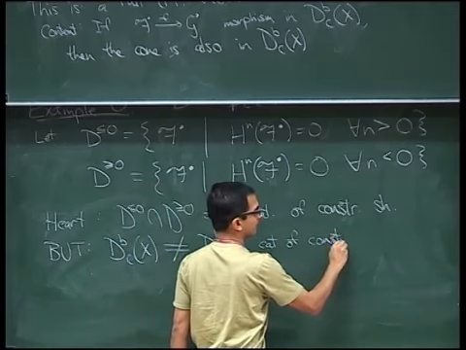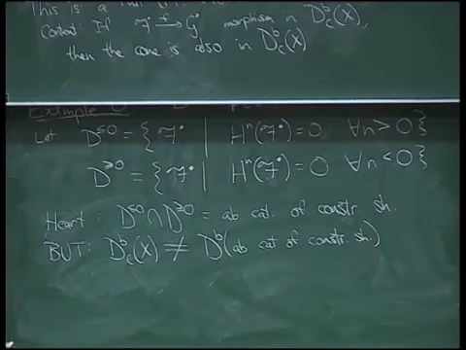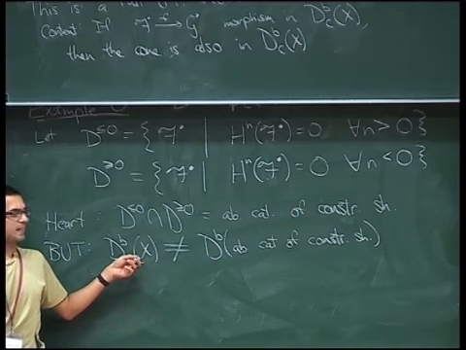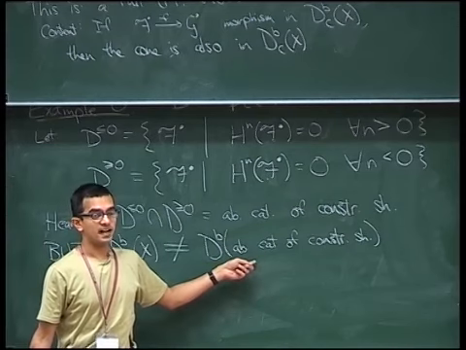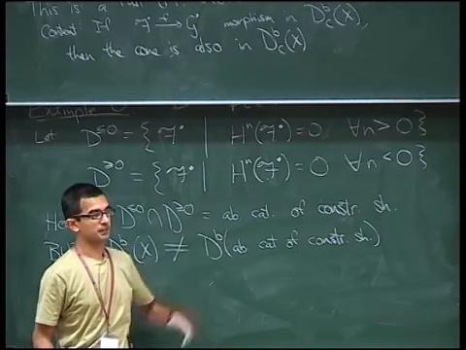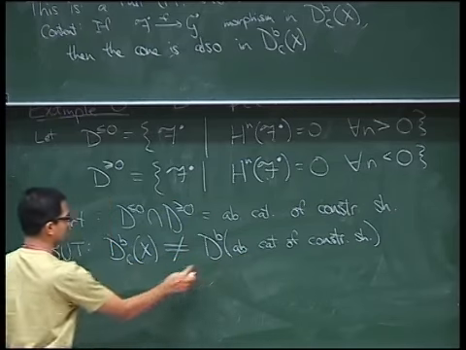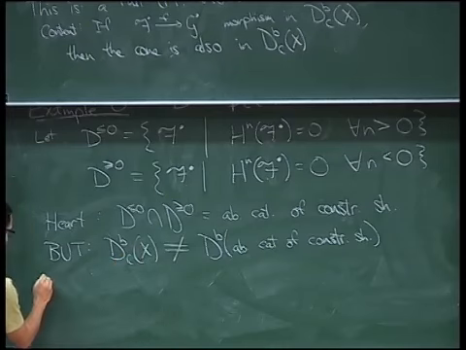This is actually one of the exercises on my webpage for today, to show this in a specific example. And what this says is that objects of dbcx are complexes of sheaves of vector spaces whose cohomology is constructible. Objects of the derived category of constructible sheaves would be complexes whose terms individually are constructible. So certainly any object in this category belongs to this category, but not the other way around.